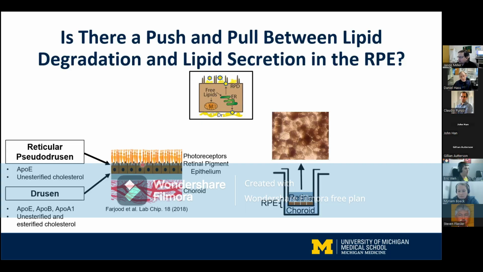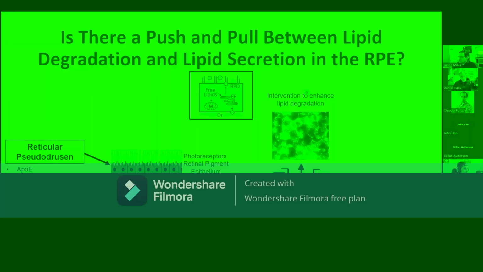We're doing a lot of our studies in RPE cultures in which we grow them on transwells, which I'm sure everyone is familiar with. That allows maximal polarization of the RPE and also allows us to collect supernatants from both the apical and the basolateral side to understand separately what's being secreted into each compartment. We then will give an intervention that we think enhances lipid degradation, and we'll measure whether lipid degradation is indeed being enhanced.